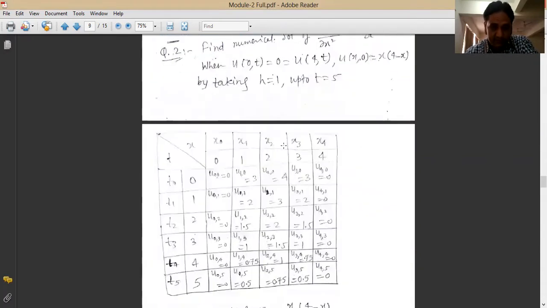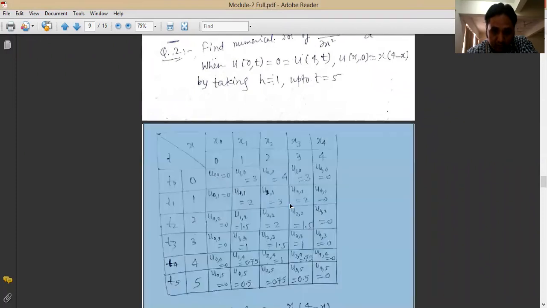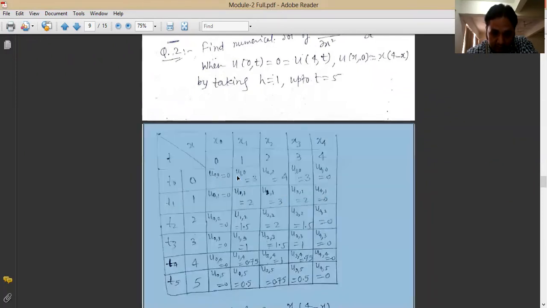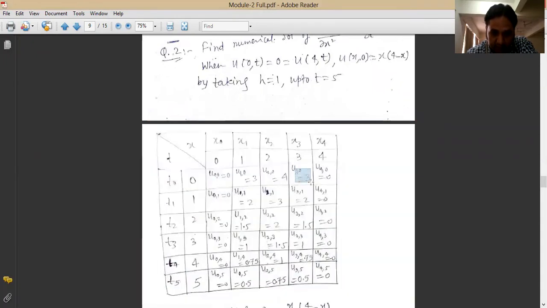So like that you first prepare the structure of the table. First row will come like the previous question by the condition only. Then if you want to calculate the second row and subsequent, check this 2, how it comes: above, 0 plus 4 by 2, 2. This 3, how this 3 comes? This 3 plus this 3 by 2, 3.